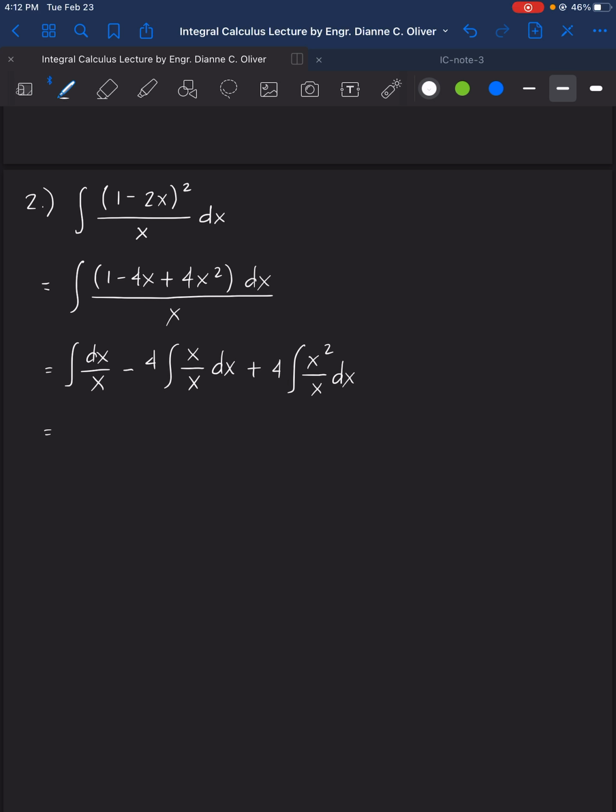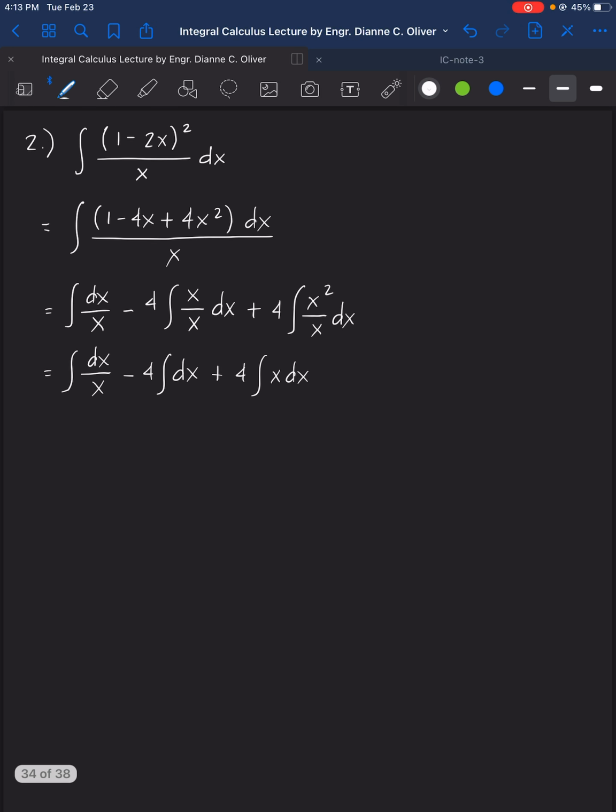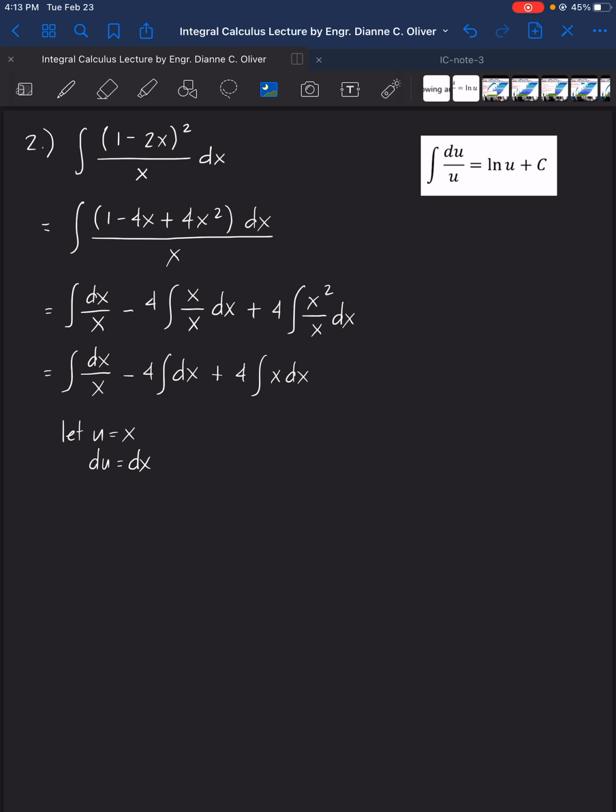That is equal to integral of dx over x minus 4 integral of dx plus 4x dx. Okay. So for the first term here, we can notice that x has a power of 1. So let u is equal to x, du is equal to dx. So can we use the logarithmic function formula here?